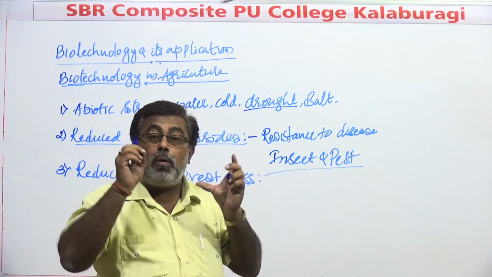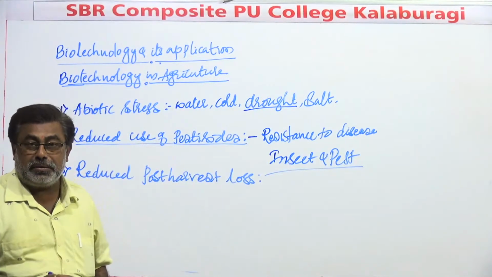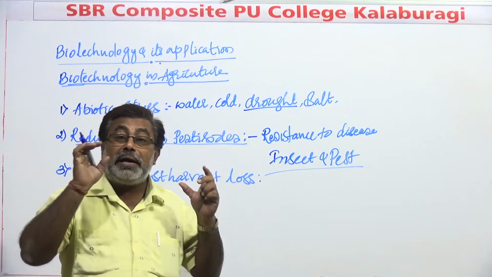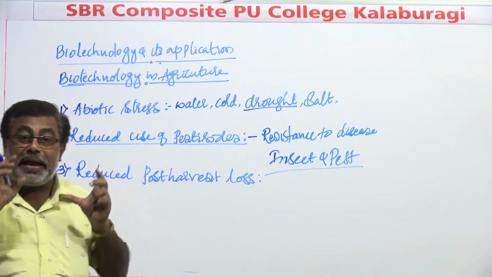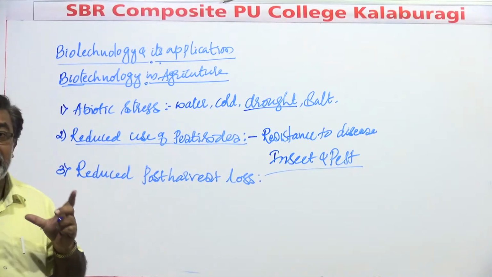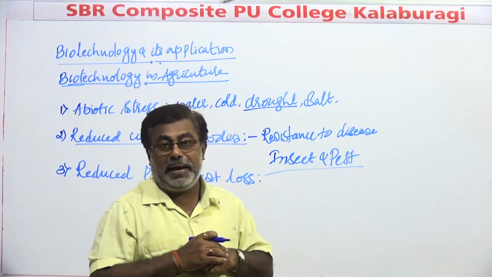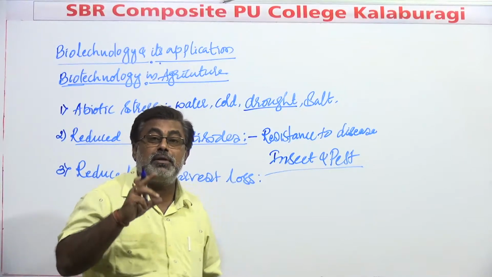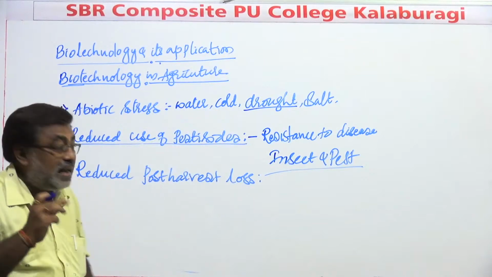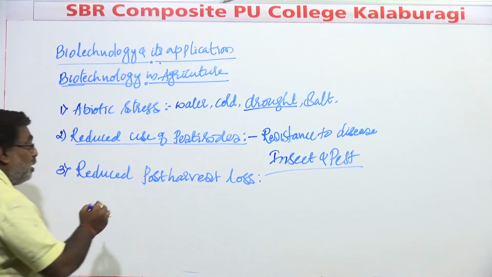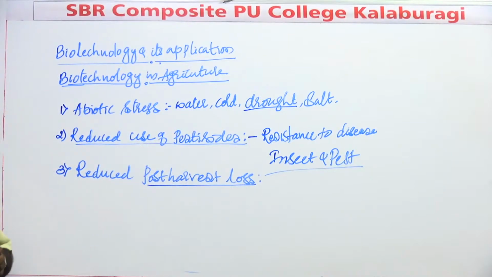It means the quality and quantity of the grains will change, and that will reduce the yield of the plant. In view of this, the scientists have developed crop plants which reduce the post-harvest loss.